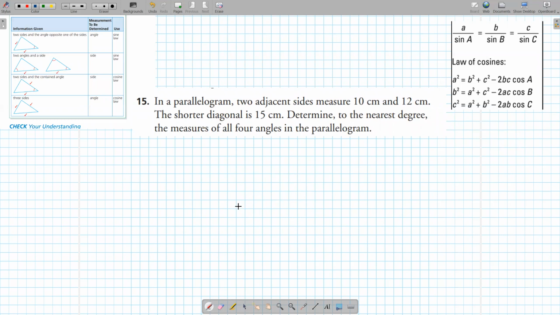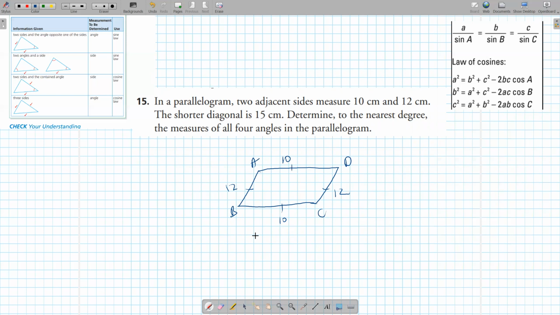It's basically a rectangle at an angle. Let's say that's a parallelogram, with two adjacent sides 10 and 12. The shorter diagonal is 15 centimeters. So A, B, C, D. Is AC 15 or is BD 15?